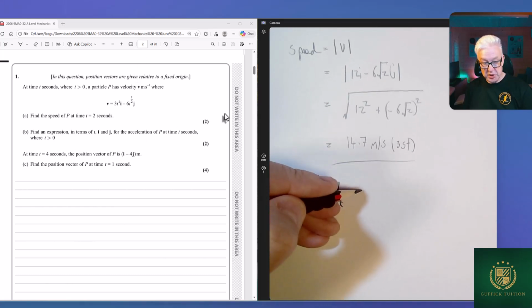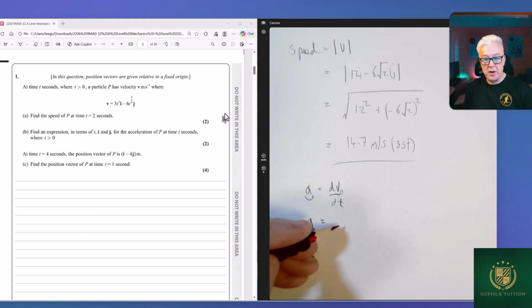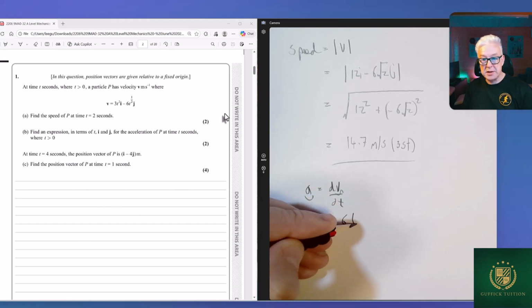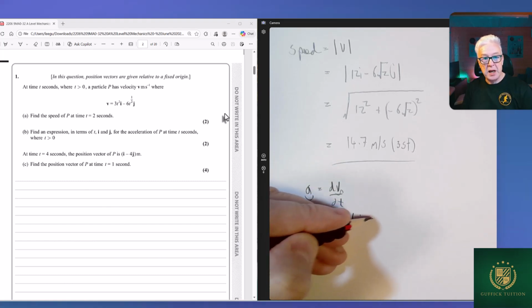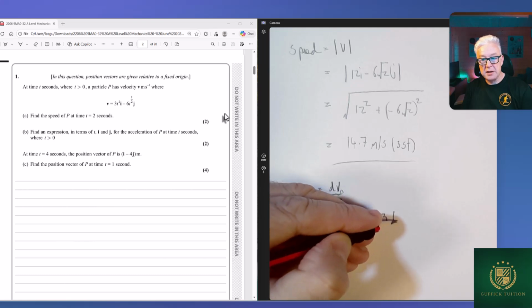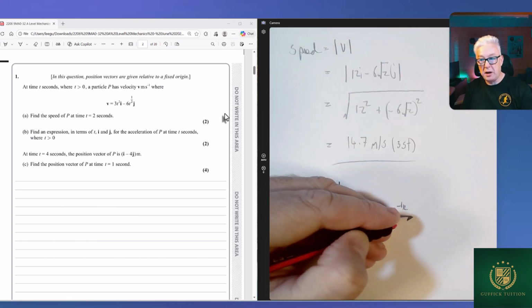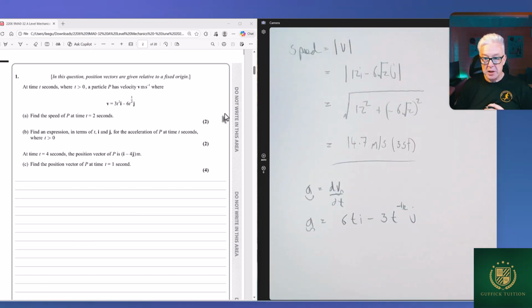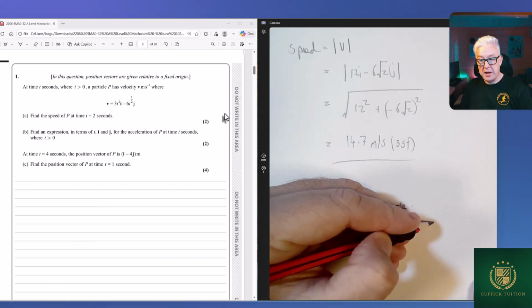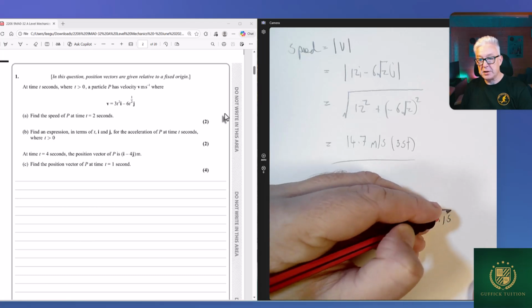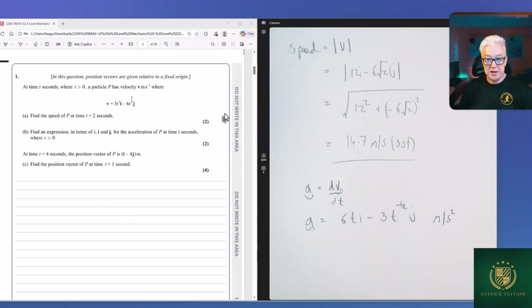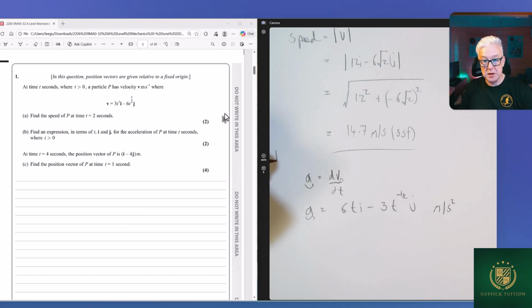Our velocity expression is equal to 3t² i minus 6t⁴ j, so that's going to go to 6ti, and it's going to go to 3t to the minus a half j. So we get 6ti minus 3t to the minus a half j, and that's going to be in meters per second squared. So that's our expression for our acceleration. That was super nice, actually, part B for 2 marks.